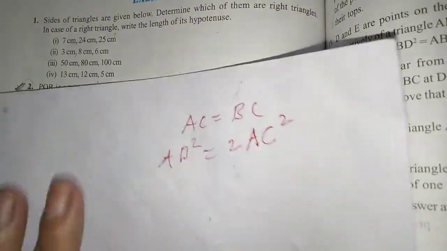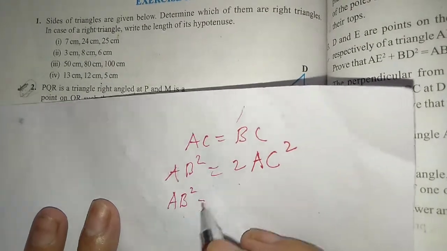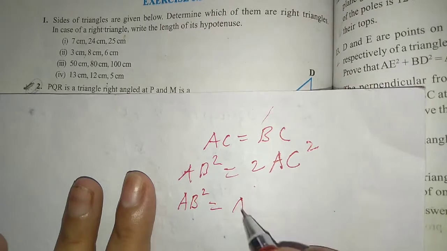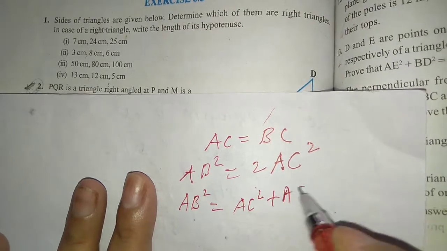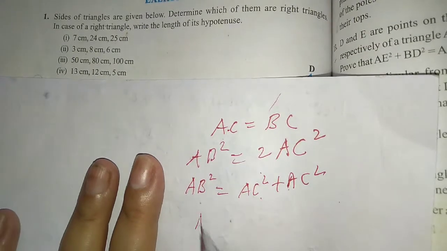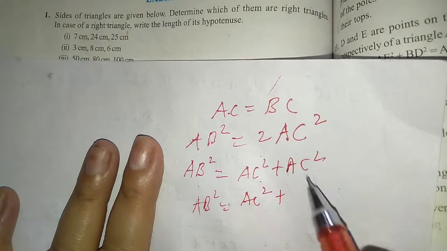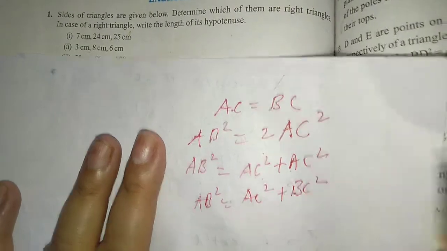We have to prove that ABC is a right triangle. For this we have to use the converse. AB square is equal to AC square plus, AC can be written as BC, so BC square.